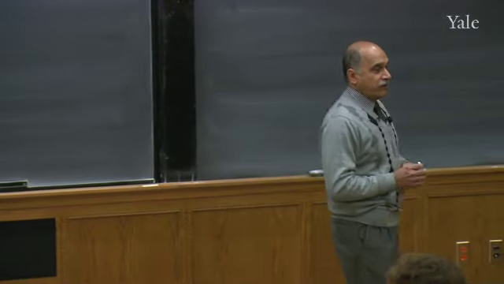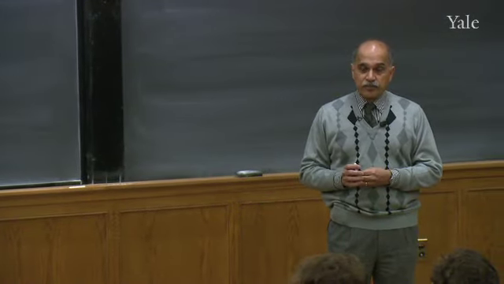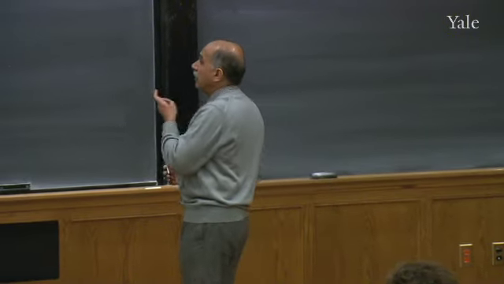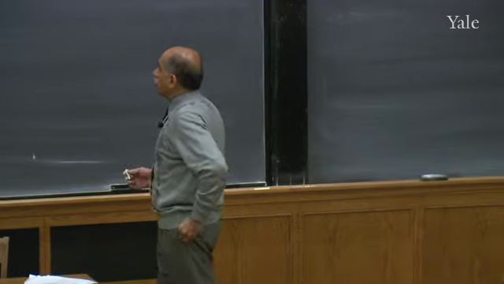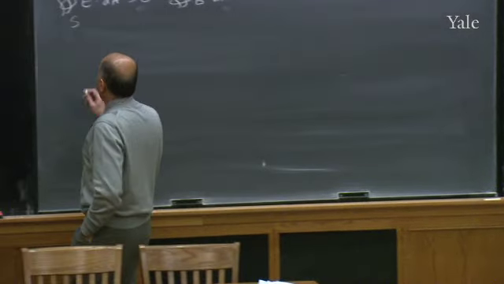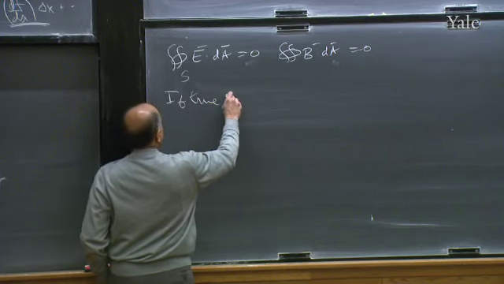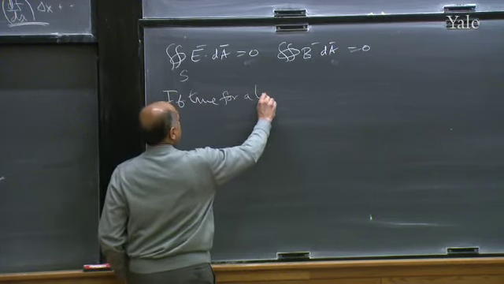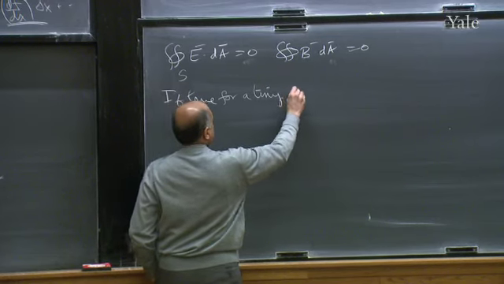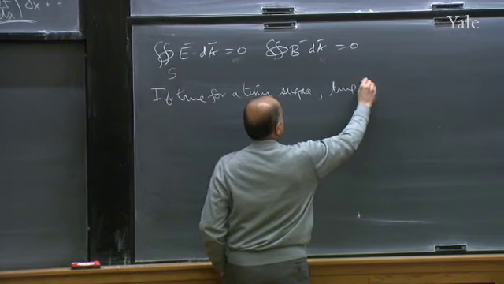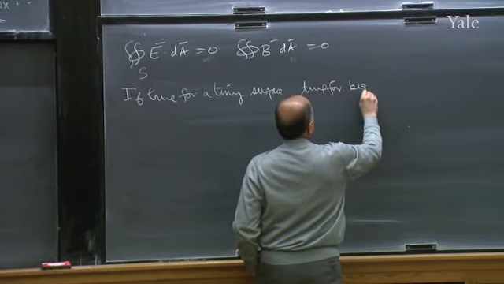But there is a quicker way to verify all these equations. And the quick way is the following. If these equations are true for a tiny loop, in this case, if true for a tiny volume or a tiny surface enclosing a tiny volume, then it's true for big ones.